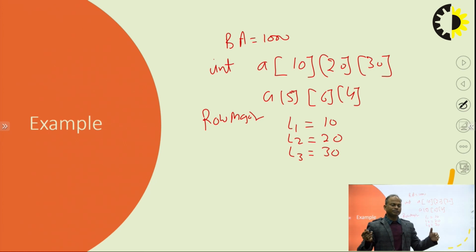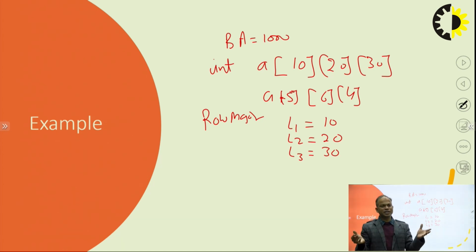After getting L1, L2 and L3, we need to find out the values of E1, E2 and E3. E1 is the effective address. Basically we need to find out for A[5], and we are starting from 0. If nothing is given and we are using C programming conventions, then the starting address is 0.